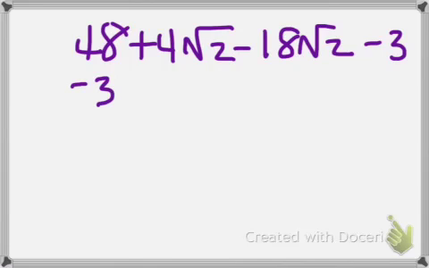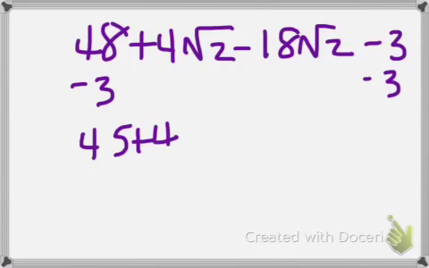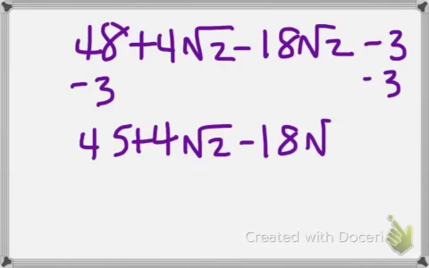Combining the constants, 48 minus 3 gives 45 plus 4 radical 2 minus 18 radical 2.